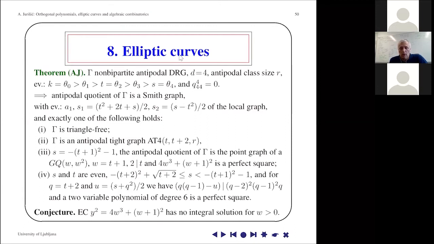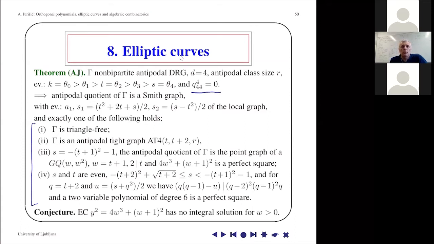And when I was studying non-bipartite antipodal distance regular graphs, so the ones that are imprimitive, of diameter 4, you could study, for example, the Krein parameter, and if this Krein parameter q^4_44 in this case turns out to be 0, then it seems like there is some kind of classification in order. Now, either this quotient is triangle-free and also strongly regular because it's half of the diameter.